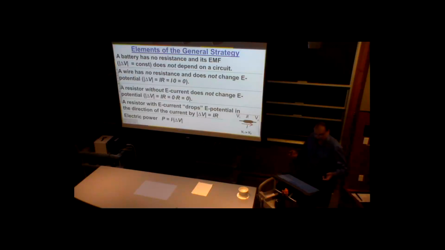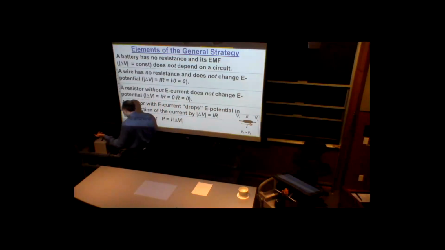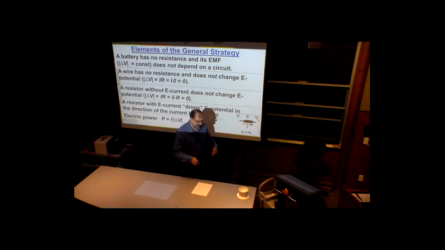Battery has no resistance, provides a fixed amount of voltage, which is called EMF, which is work done by the battery to move 1 coulomb. And wire has no resistance, so a wire doesn't change potential. And if a resistor has no current, which means it's not connected to anything, if we try to measure potential difference, it should be 0.